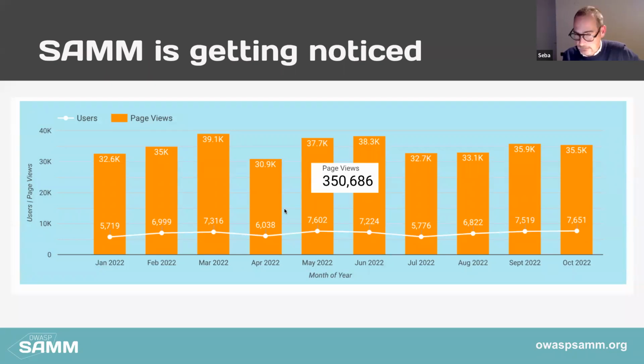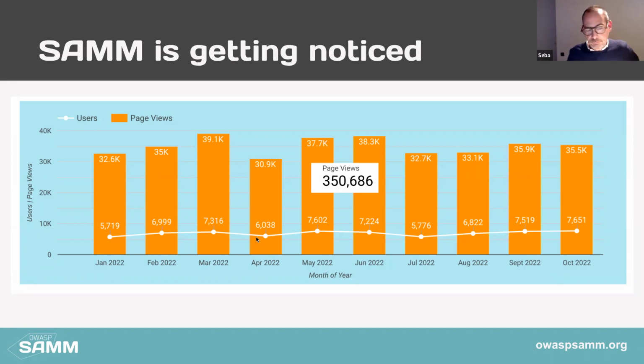So there's more than 7,000 people that are actually looking at the website on a monthly basis. And over the last 9 to 10 months, we've had more than 350 page views. So that's really high, obviously. So we're really glad that SAMM is being used and being noticed. And so I just wanted to share that with you.